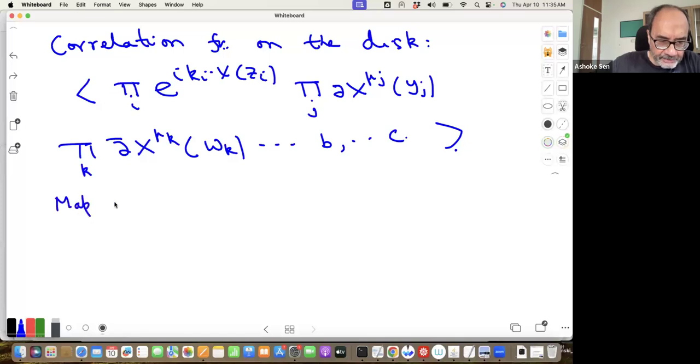So map this to a correlation function on the sphere or the disk or the complex plane.